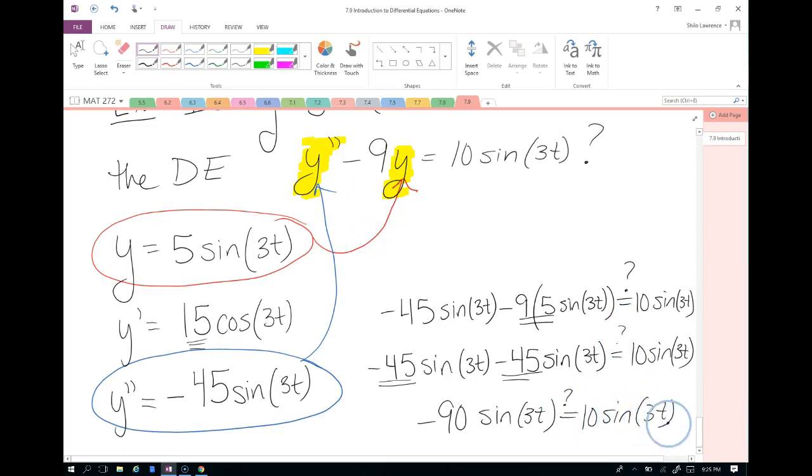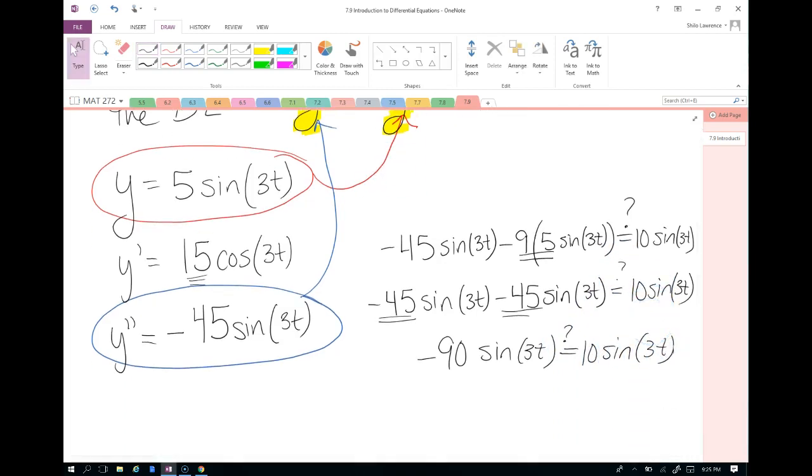Now there might be certain values of t where it will work, but that's not what we're interested in. We're interested in getting the exact same expression, or the exact same value, on both sides of our differential equation. And we don't. The coefficients are off. I've got negative 90 on the left, I've got 10 on the right.